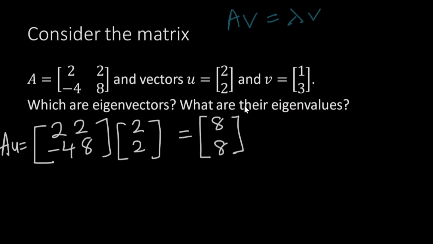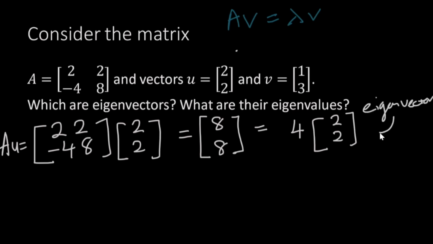Now, this vector could be rewritten as 4 multiplied by u. So the eigenvector in this case would be vector u, and the eigenvalue would be 4.